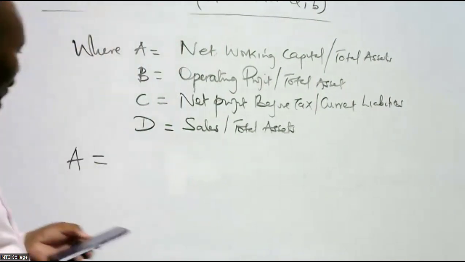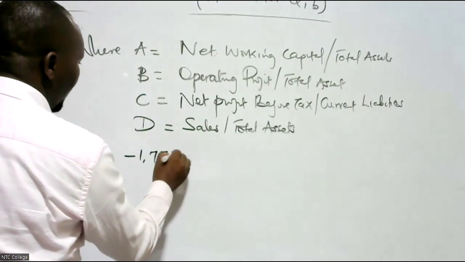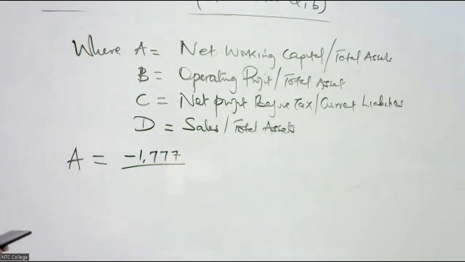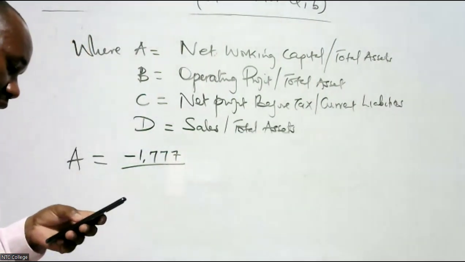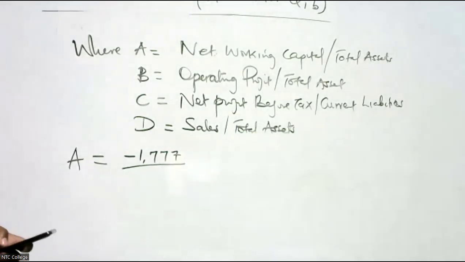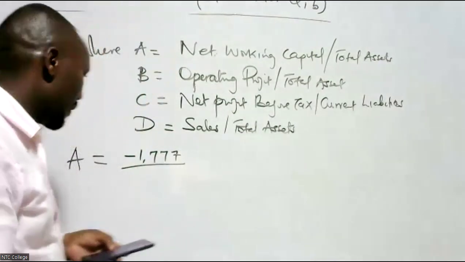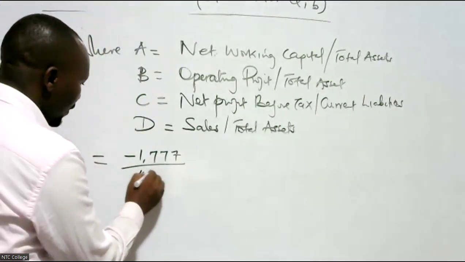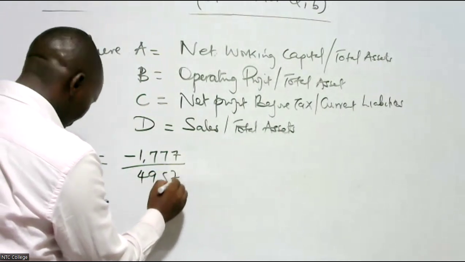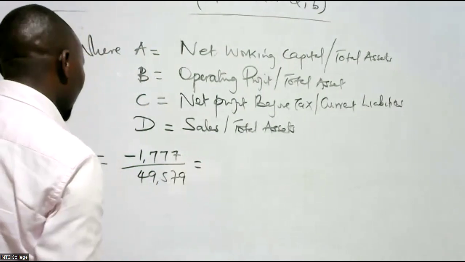So we have negative 1,777 all over total assets. Total assets you are given theirs. Total assets is 49,579. What is the answer?